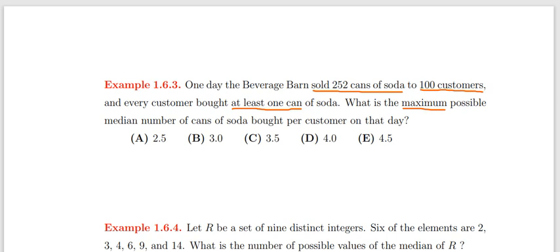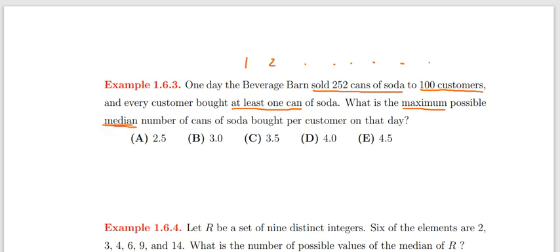So we have 100 numbers, like could be 1, could be 2, could be 3. Here we want to find the maximum possible median. At first, what is the median?